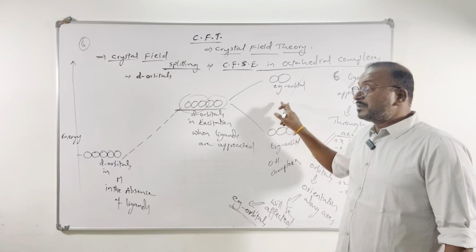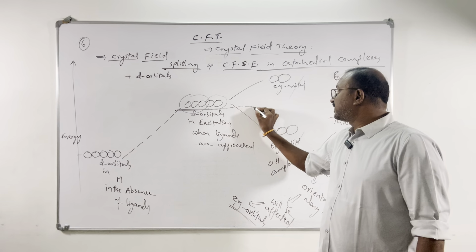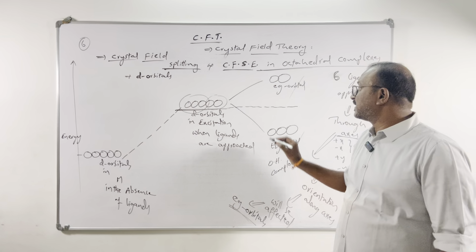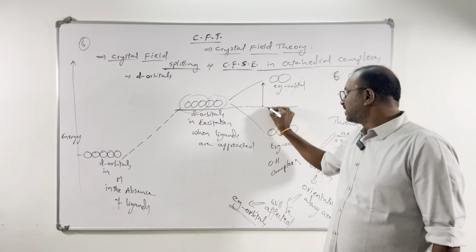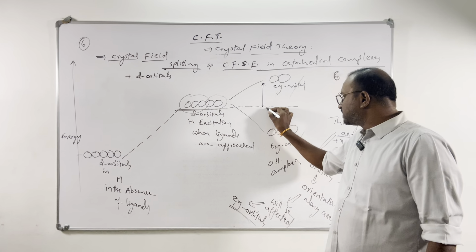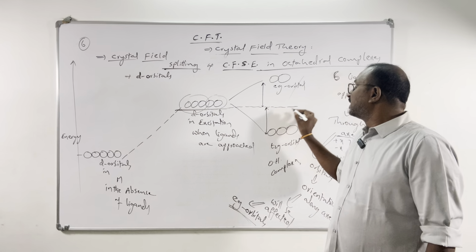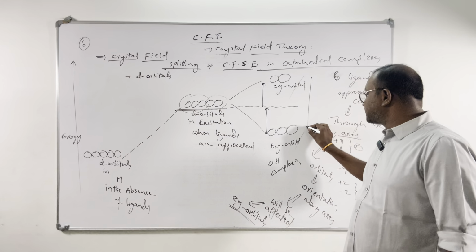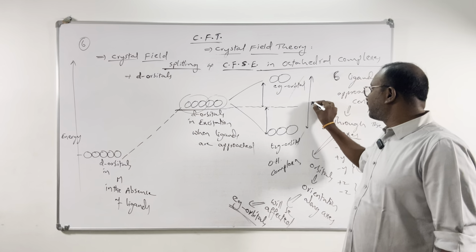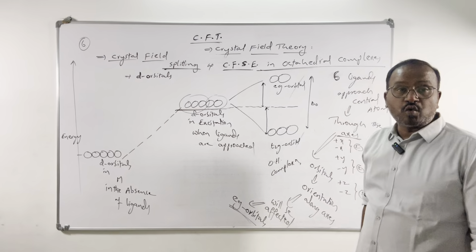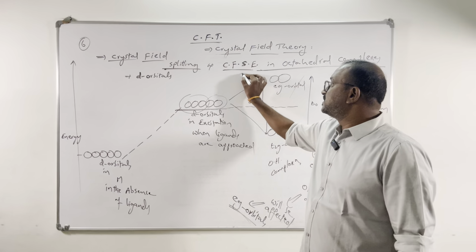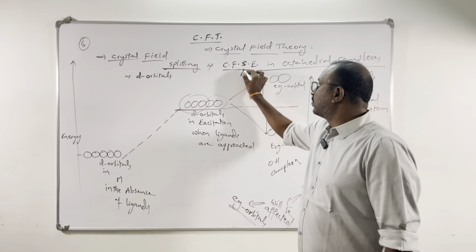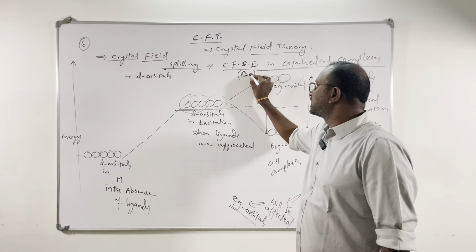The energy difference between Eg and T2g, we say, is delta O, O for octahedral. CFSE is generally mentioned as delta O for octahedral complexes.